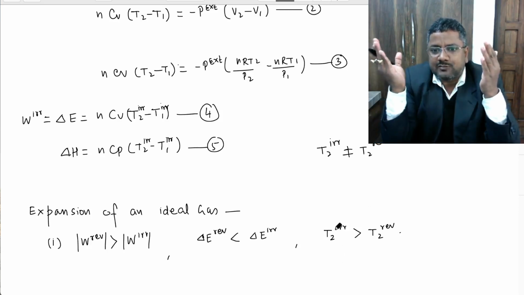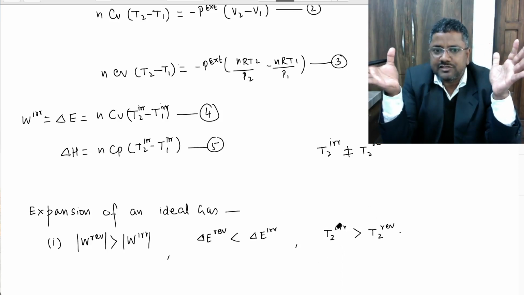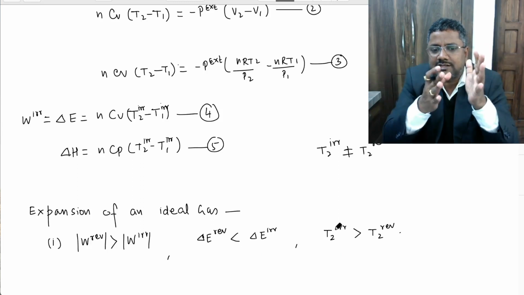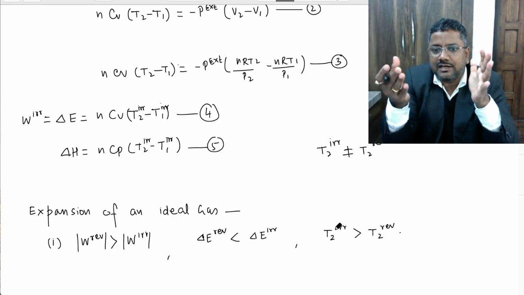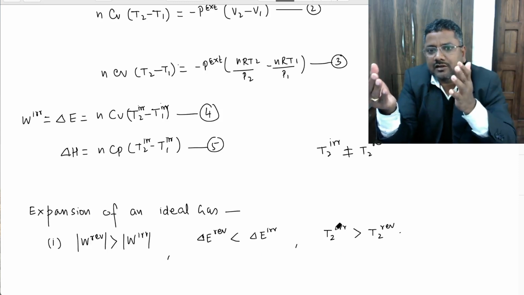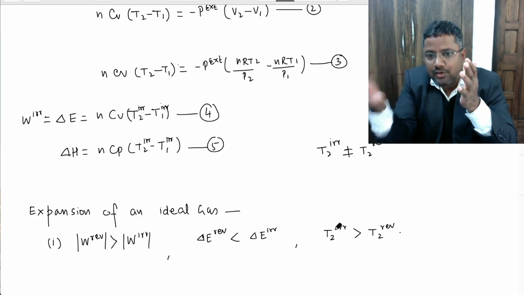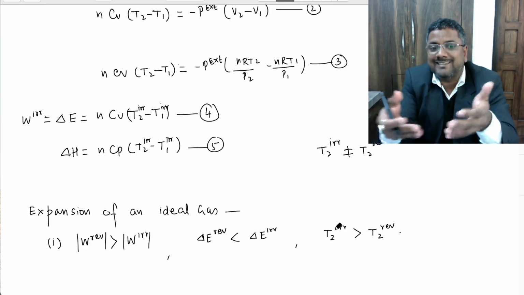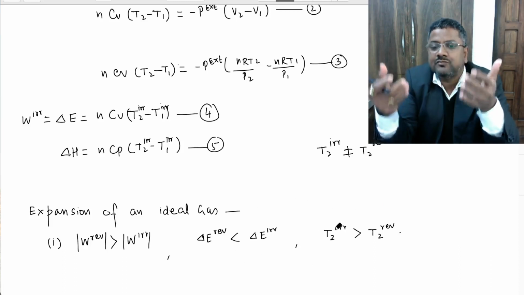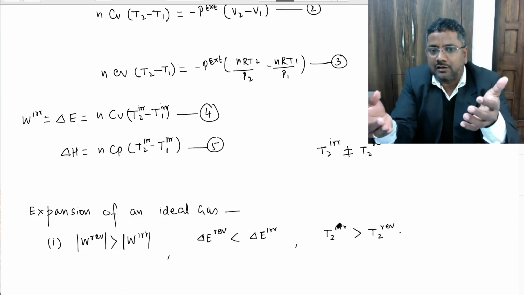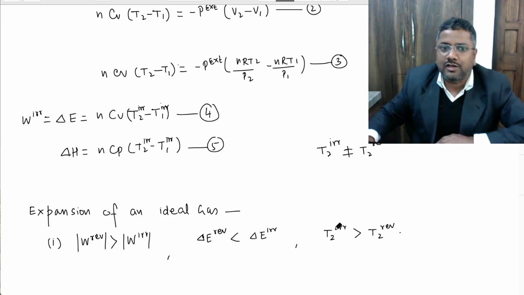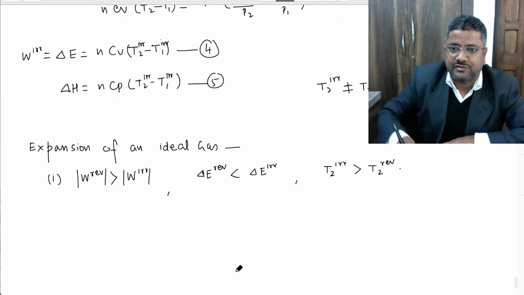When gas is expanding, there is no heat exchange between system and surrounding. In the reversible expansion, more work is done by the gas, and for doing this work, energy is coming from internal energy. So the loss of temperature is more in case of reversible process, because more work is extracted from the system. So loss in energy is more in case of reversible. So T2 reversible is less than T2 irreversible in case of expansion.